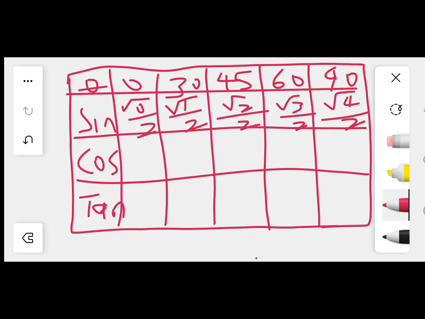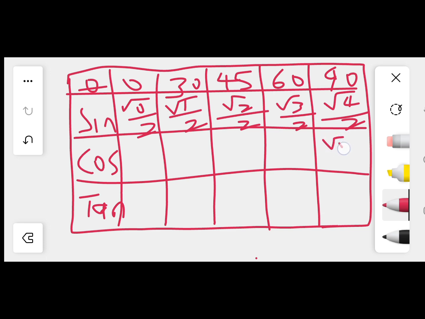So for your cos, all you need to do is everything you have written for sine, just reverse it for cos. So I started with root 0 over 2 for sine. So I will go to the last part, which is my 90 degrees for cos. I will start with root 0 over 2. Are we ready now? So this is it.